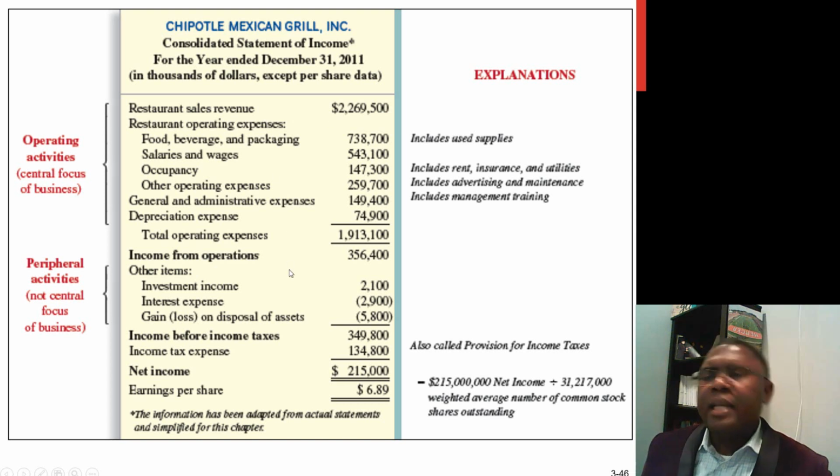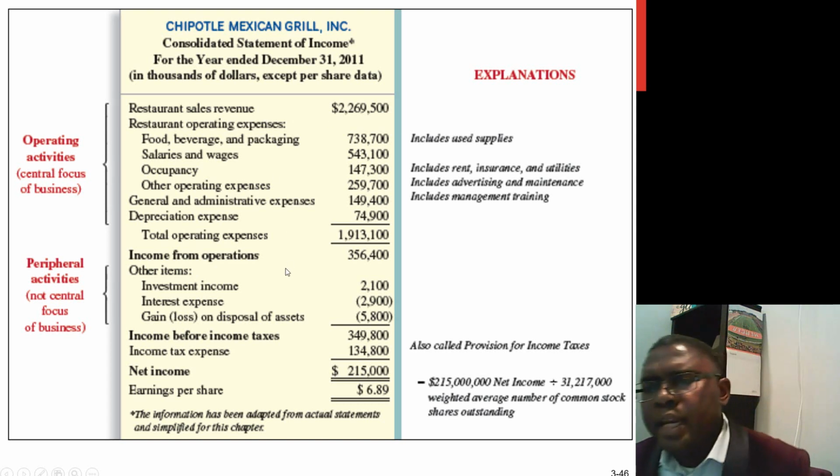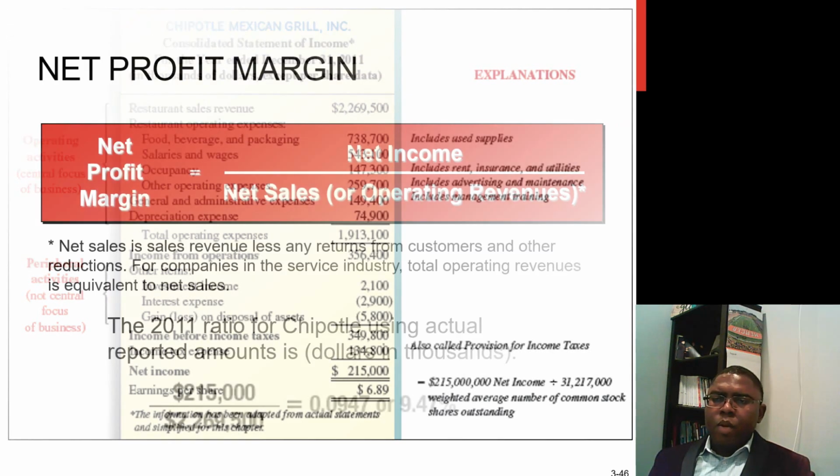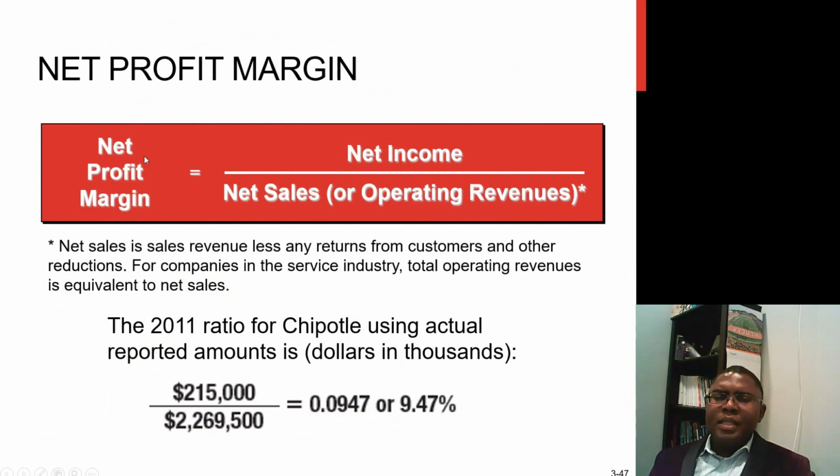Once we have an income statement, it can really give us information about profitability. So there are different profitability ratios that we can compute. One of them is what we call the net profit margin.